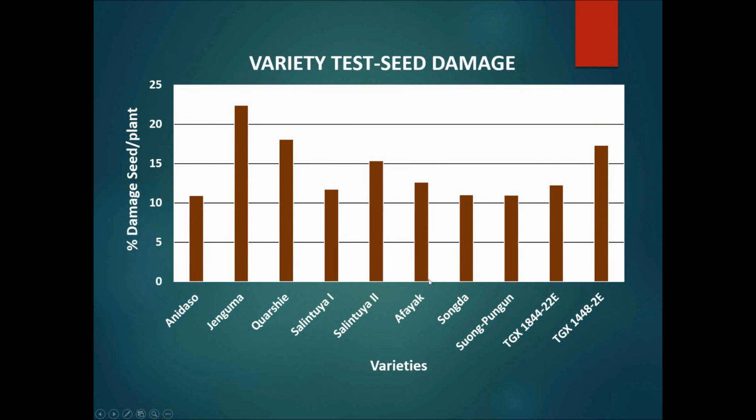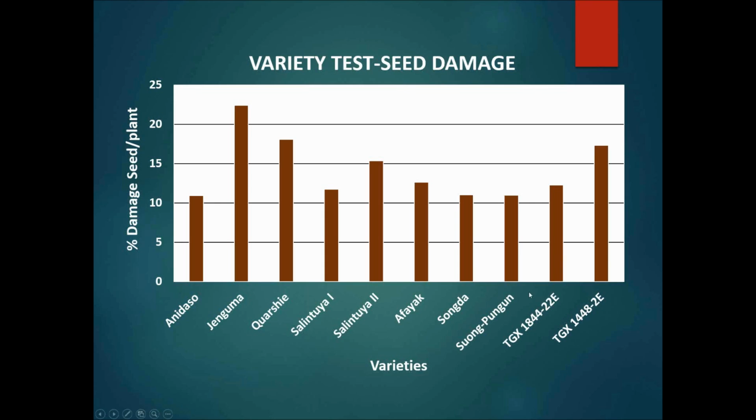I also looked at seed damage from the fields. I took 6 plants from each plot, 3 plants each from row 3, row 2 and row 5, and assessed yield damage, taking out the seeds from the pods and then looking at the damage.